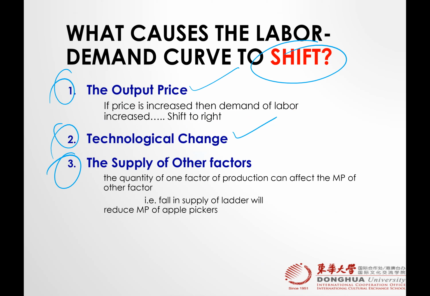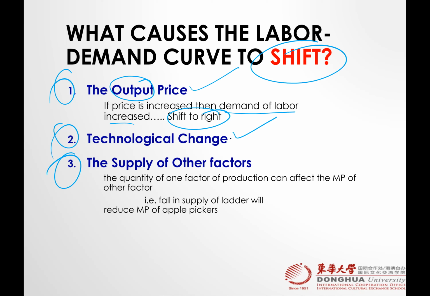If the final good price increases, for example if apple prices rise, demand for apple pickers also rises, shifting to the right. If the demand for shoes rises, the demand for shoemaker labor also rises.